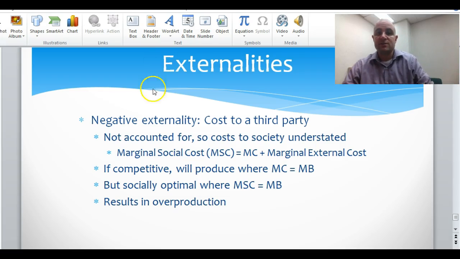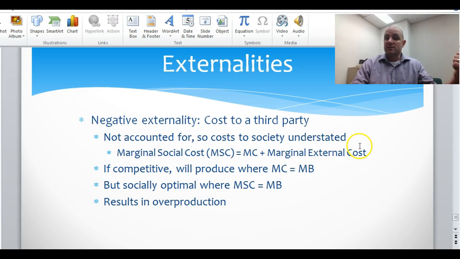So there's two ways to look at this. We have marginal cost and marginal social cost. Marginal cost is the private costs of the buyers and the sellers. The marginal external cost, which is included with that marginal social cost, also includes the cost to that third party, the cost to the people who are inhaling the pollution or the smoke.